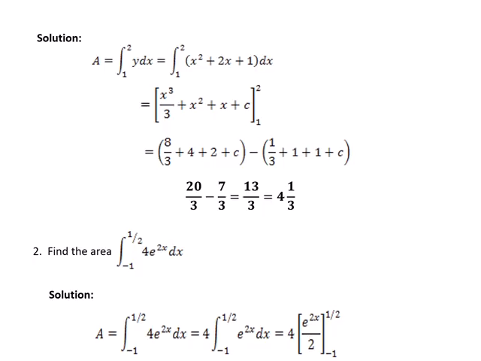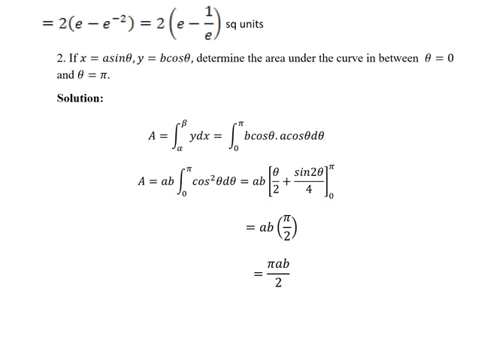Then after substituting that, you now put the sign of minus and substitute the -1. So we have it here as 2 into exponential minus 2. So the answer is equal to 2 into exponential minus 1 over exponential.